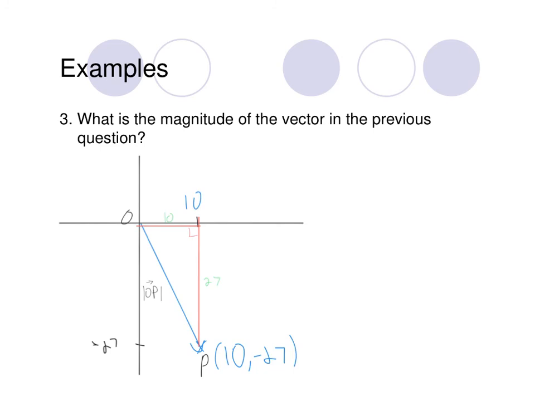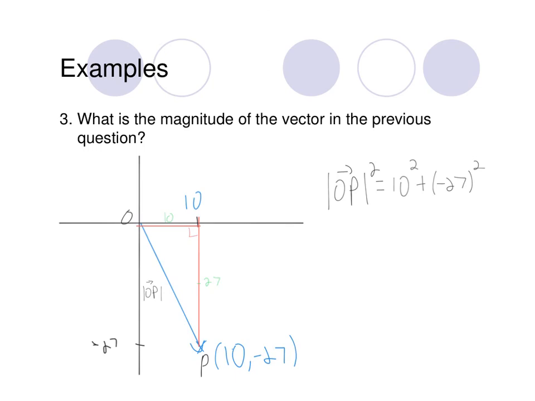So using the Pythagorean theorem, we know that the magnitude of OP squared is equal to, in this case, 10 squared plus negative 27 squared. Now, we could even consider the fact that that's negative 27. It doesn't make sense in terms of the length of the triangle, but it does make sense in terms of the distance that you travel to get there.